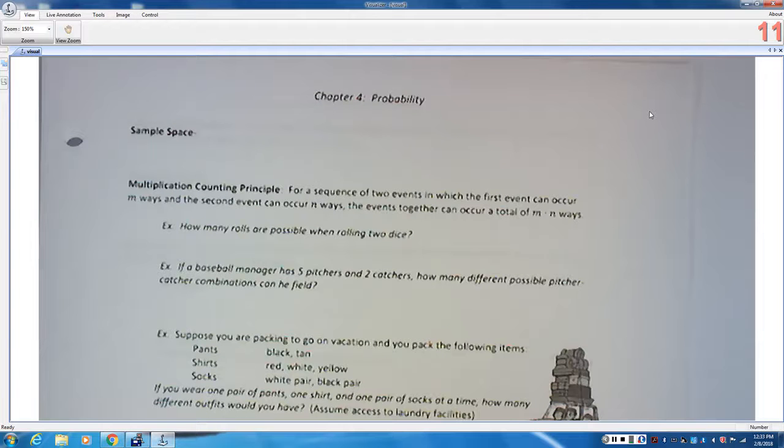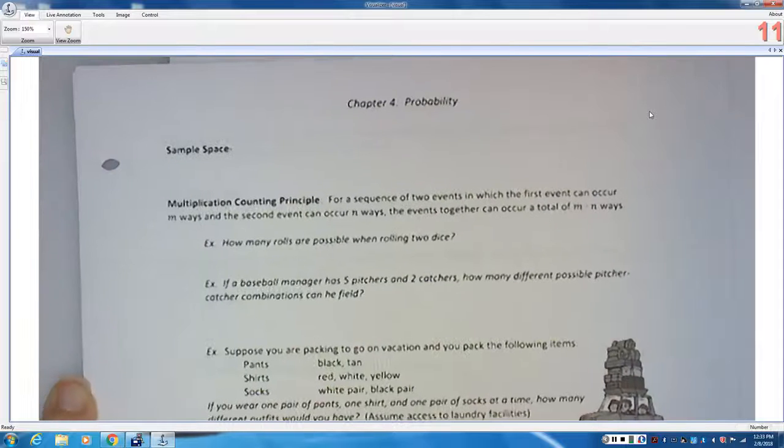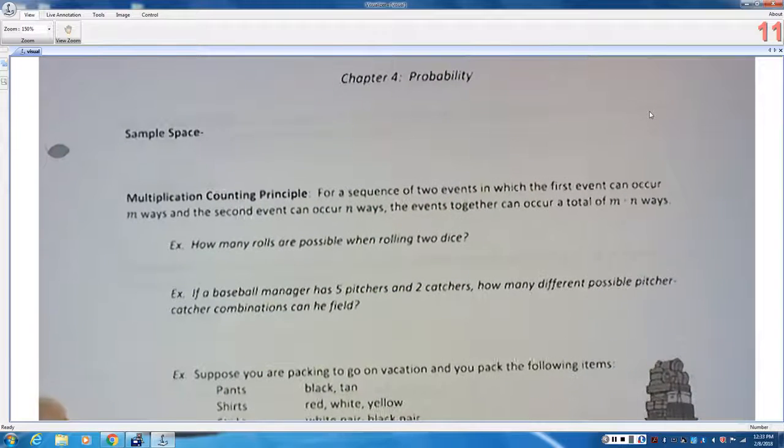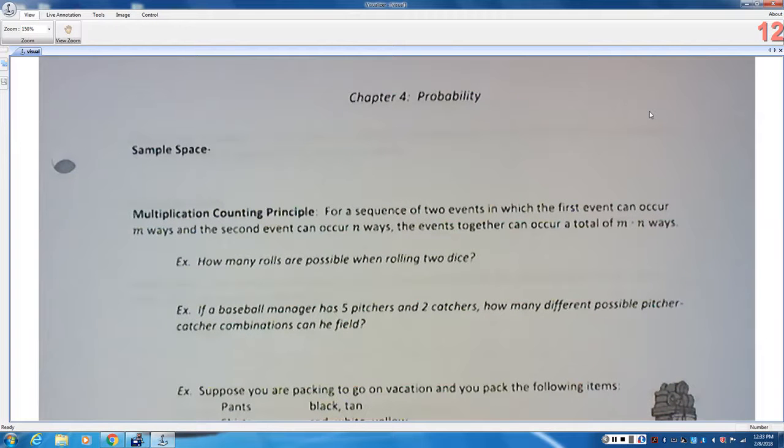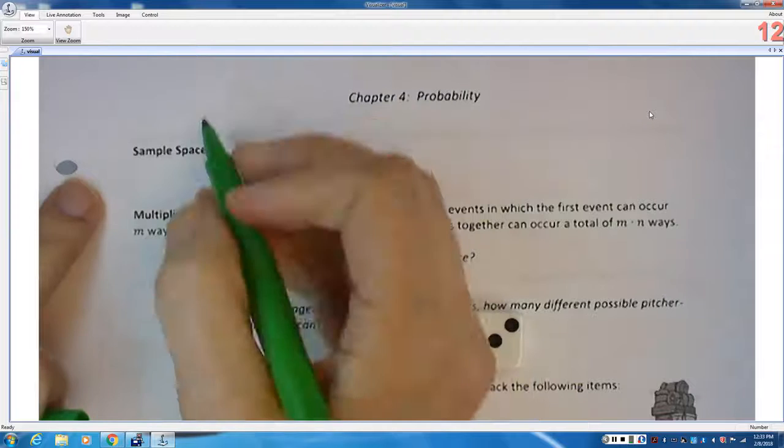Okay, so we're going to start covering chapter 4 here. We've got probability now, and hopefully everybody's printing these notes out. When we're talking about probability, we can do an event, like rolling a fair six-sided die once.